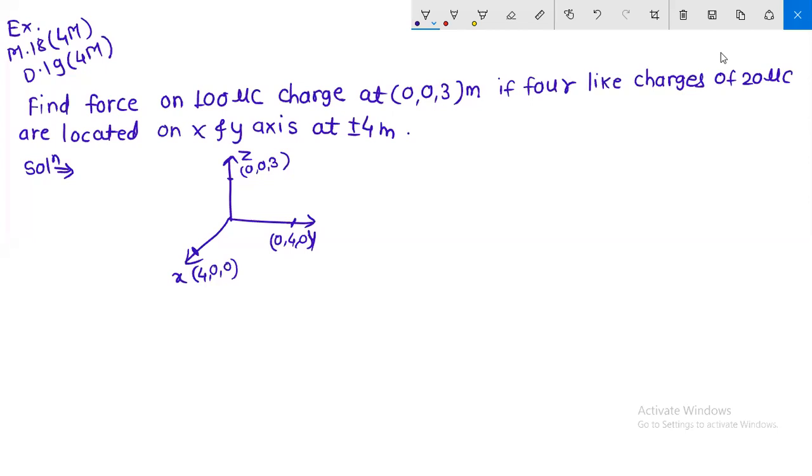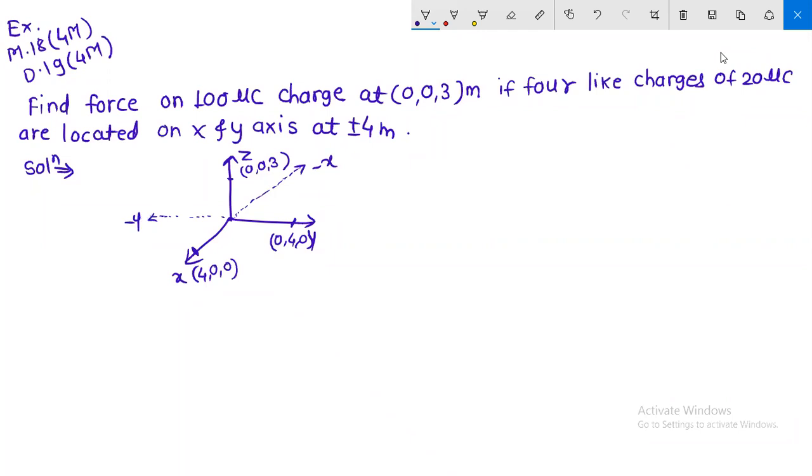Minus x-axis. Right, these will be located at minus x-axis and minus y-axis, right? Opposite of plus x is minus x, and opposite of y is minus y-axis.